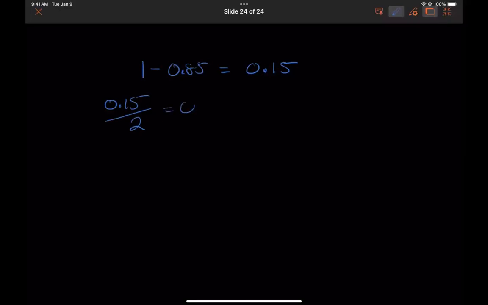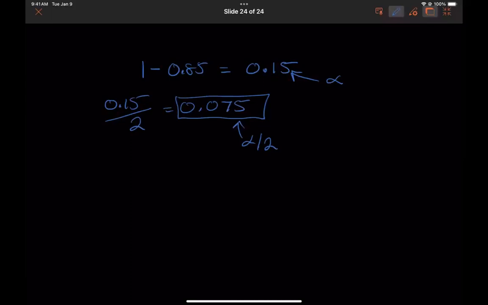I picked a bad one. Half of 15 is 7.5. So this right here would be my alpha divided by 2, and this right here is my alpha. This is the number you're going to use to find the critical value.